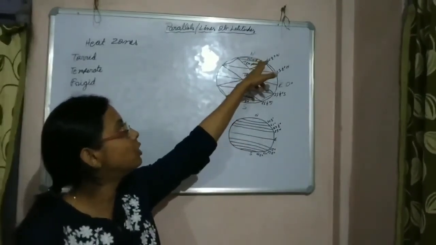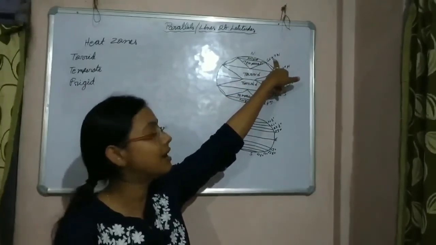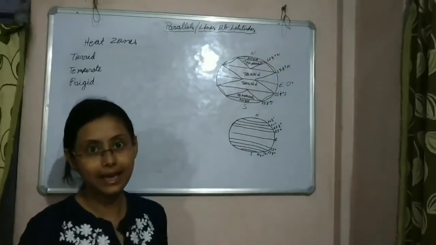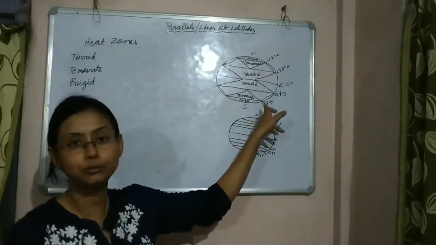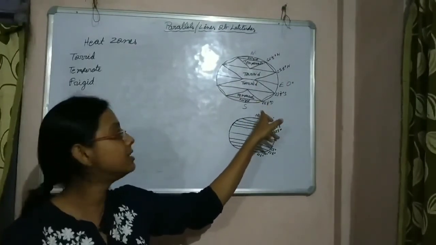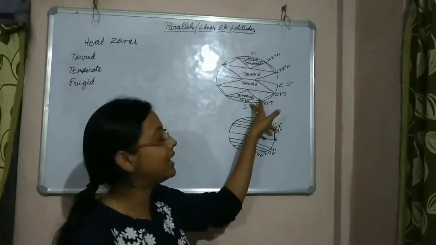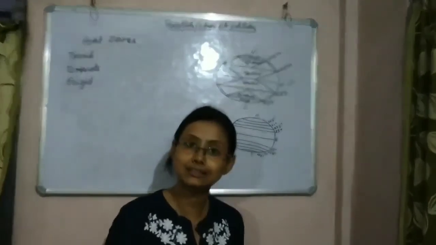The north frigid zone is located beyond the Arctic Circle, 66 and a half degrees N latitude, and up to the 90 degrees N latitude, that means up to the North Pole. Similarly, the south frigid zone is beyond the 66 and a half degrees S latitude and up to the 90 degrees S latitude. These are the locations of the north frigid zone and south frigid zone.